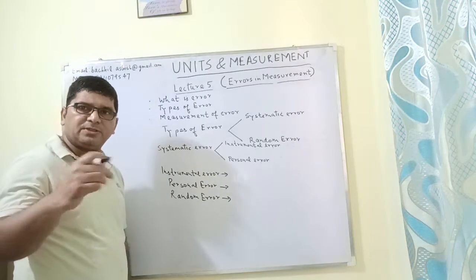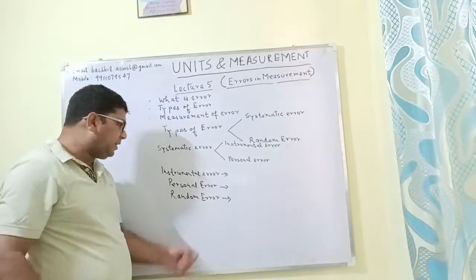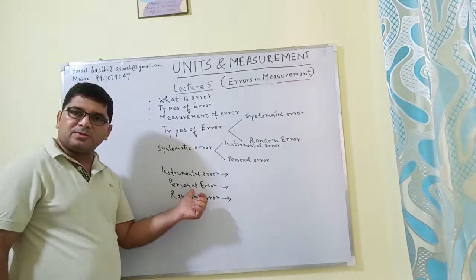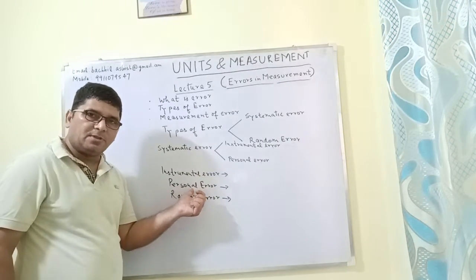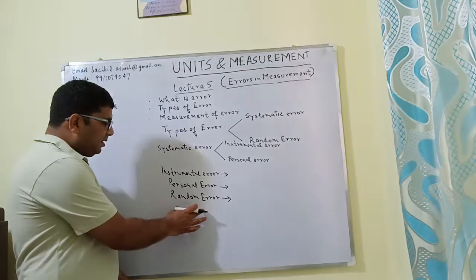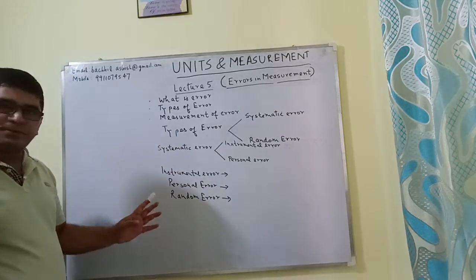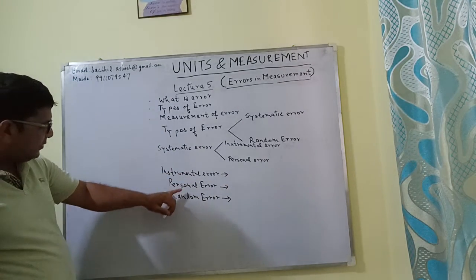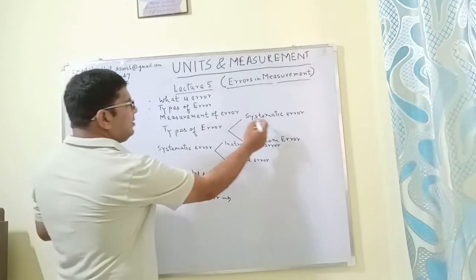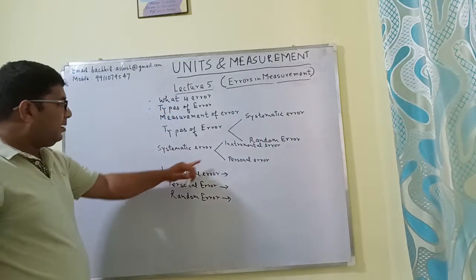There can be a fluctuation in the voltage supply, and it also happens due to personal error. So these are some of the factors which generate the random error, and the errors are classified as systematic error and random error.